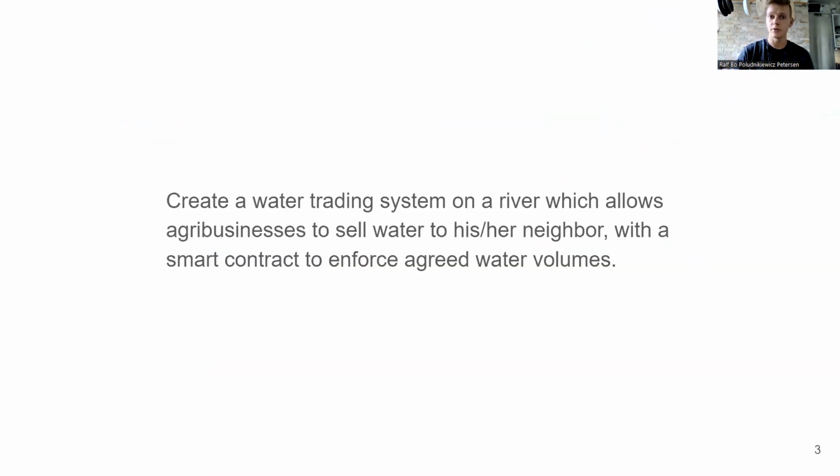And that is, for example, to create a water trading system on a river, which allows agribusiness to sell water to his or her neighbor with a smart contract or to enforce agreed water volumes. Essentially, we're talking about water conflicts and how to better share water between people that are located on a river.